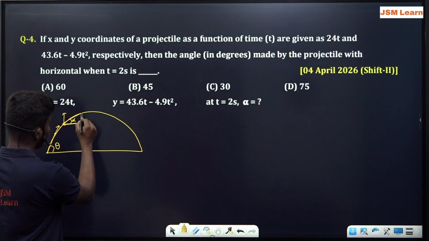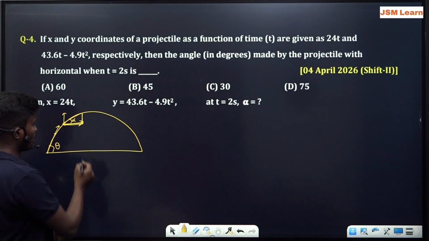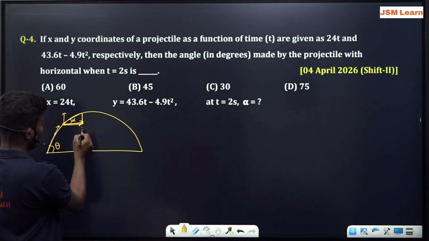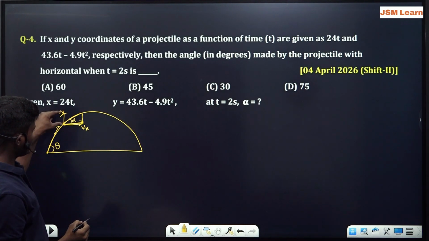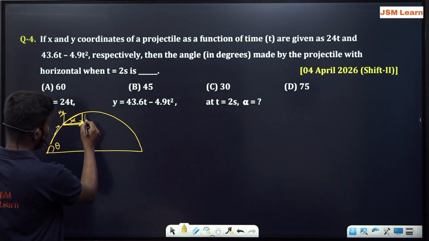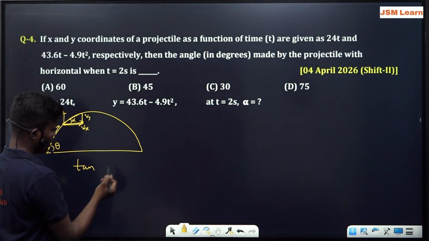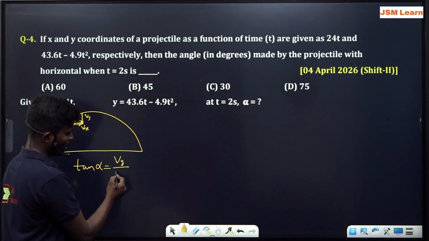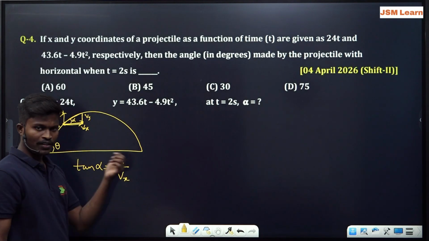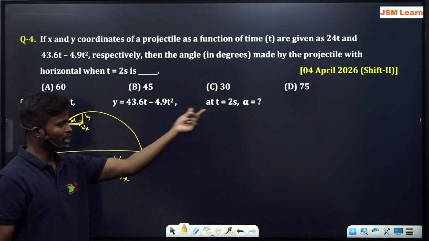This will be the final velocity after 2 seconds, and in the horizontal direction this will be Vx, and this will be Vy. From this triangle we can write tan alpha is equal to opposite side by adjacent side, so Vy by Vx.